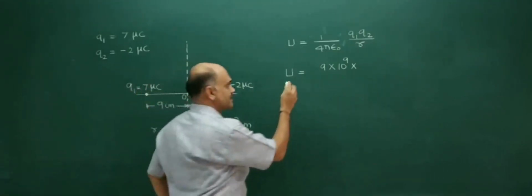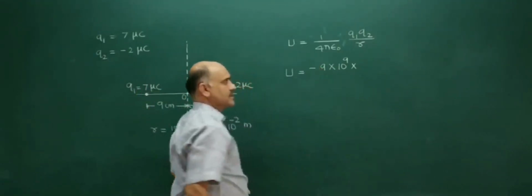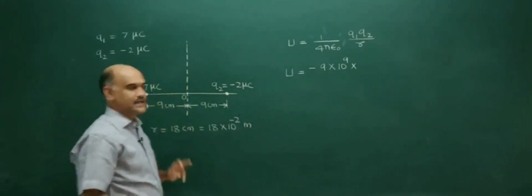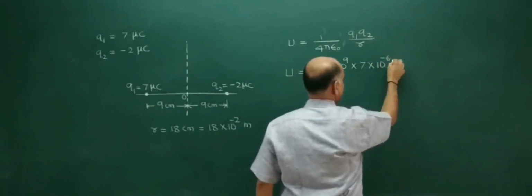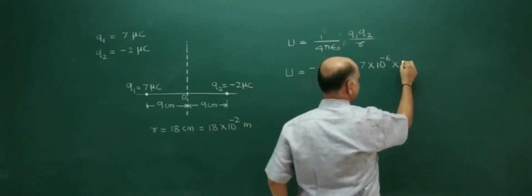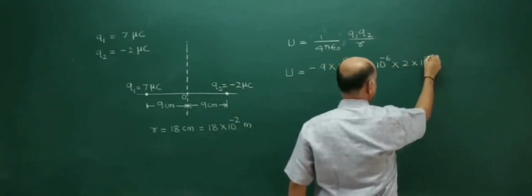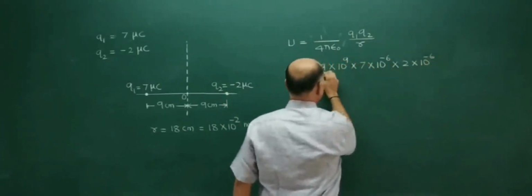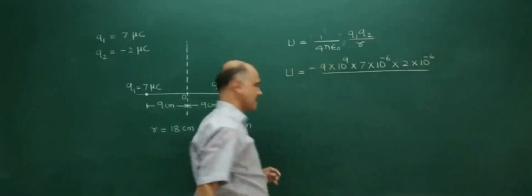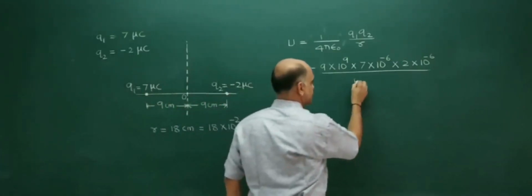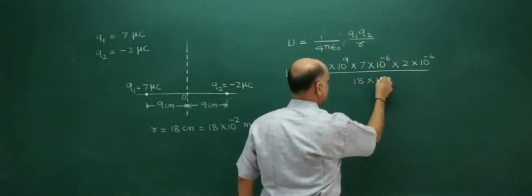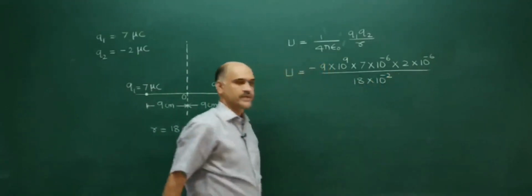So I will take minus over here. q1 is 7 into 10 raised to minus 6 into q2 is 2 into 10 raised to minus 6, whole divided by r. r is 18 into 10 raised to minus 2.